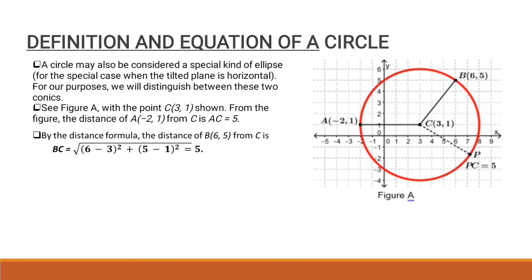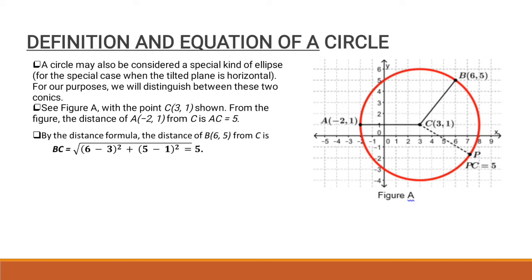As you see in figure A, we have point A, point B, point C, and also point P. The coordinates of point A are (-2, 1), B is (6, 5), and C is (3, 1).